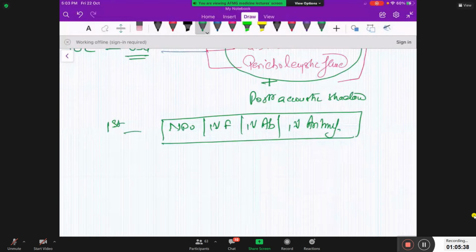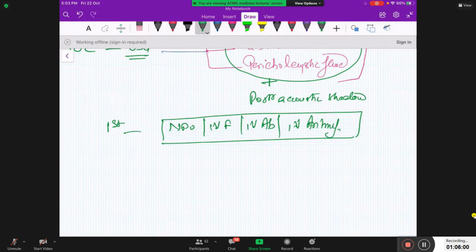Right? Now, earlier what we were doing in acute calculous cholecystitis, this treatment most of the time is sufficient. Most of the time, the patient of acute calculous cholecystitis improves on this treatment. So what were we doing earlier?